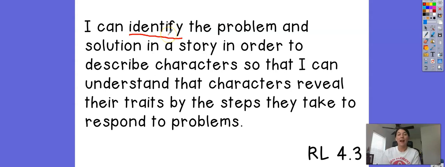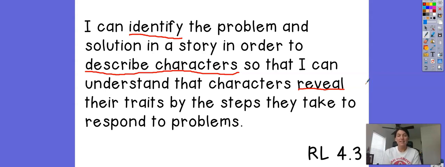So we're going to find the problem and solution in a story so we can describe characters. That means we can really talk about who they are and talk about those adjectives that we can use to show who they are. And that will help us understand that characters reveal, or show, their traits by the steps they take to respond to problems.